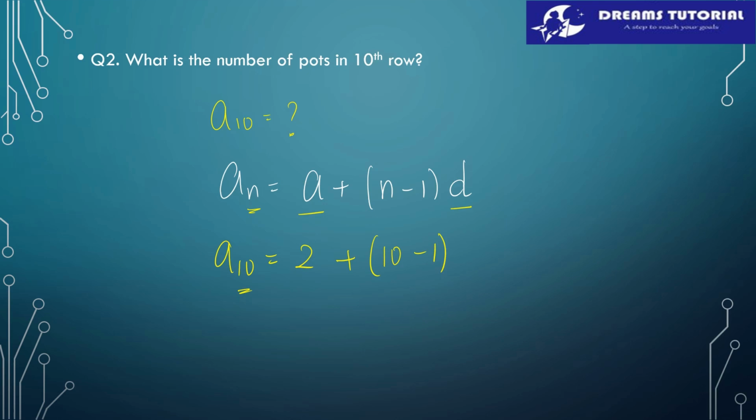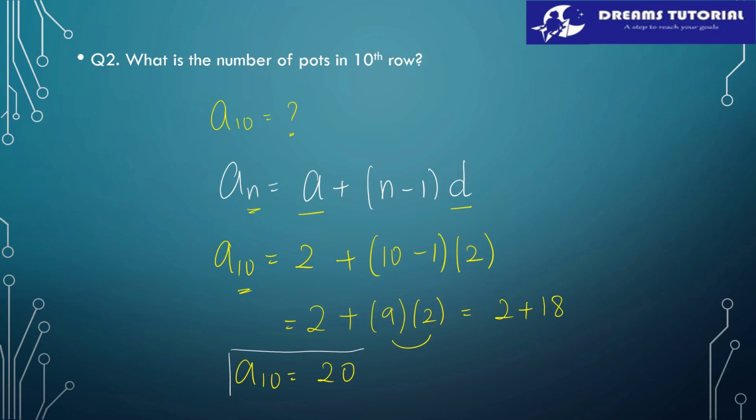What about the value of d? We already found d to be equal to 2. So you can substitute the values. When you simplify, this is 2 plus 9 into 2. 9 twos are 18, so 18 plus 2 is 20. So the a10 value is obtained to be 20. This is the answer for this question. I hope we all are clear with it.